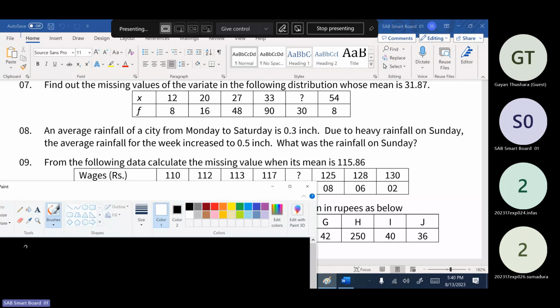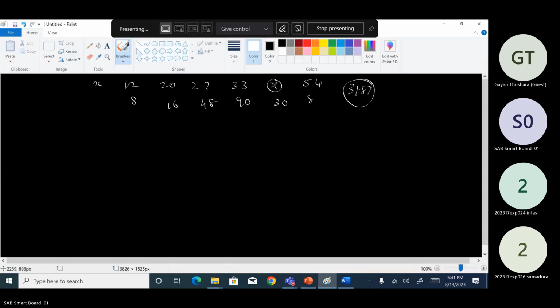The values I want to copy are 12, 20, 27, 33, the missing value, which we take as X, and 54. The other row is 8, 16, 48, 90, 30. The mean value is given as 31.87. Rather than keeping it this way, if we put it in column form, it's easier for us to do the working.